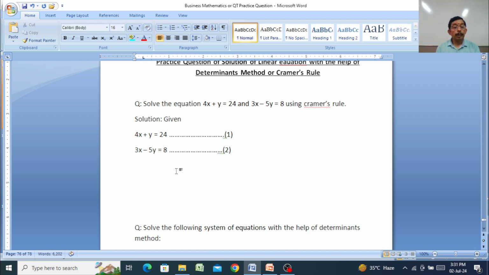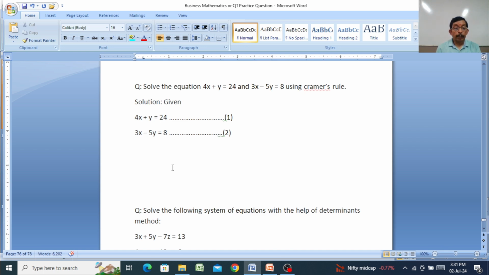Now solve these equations by Cramer's rule.